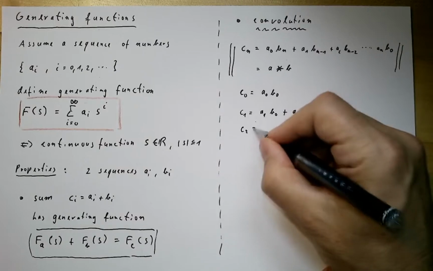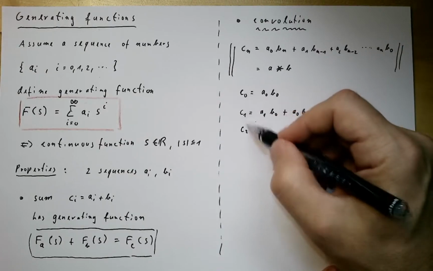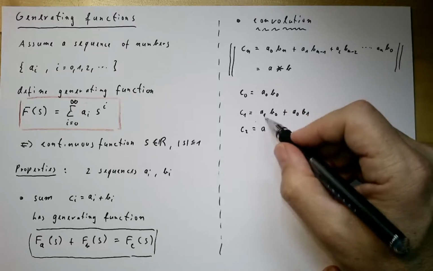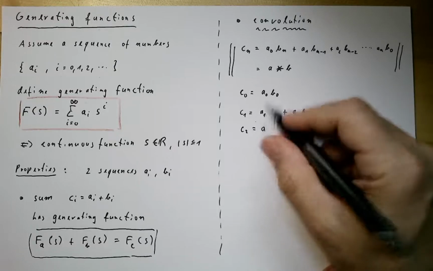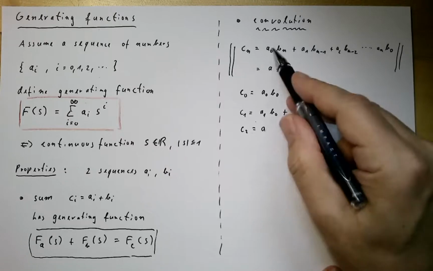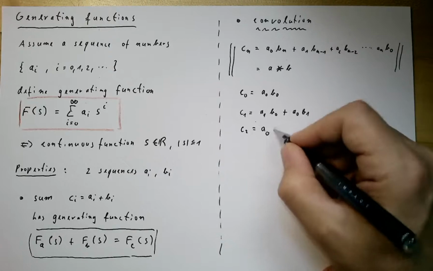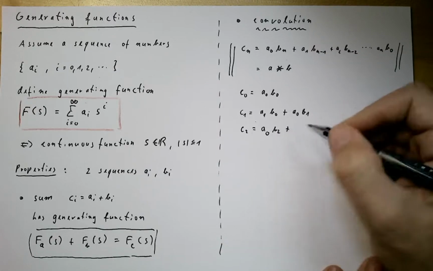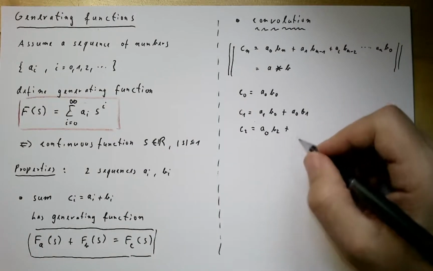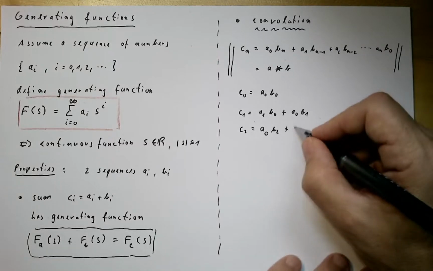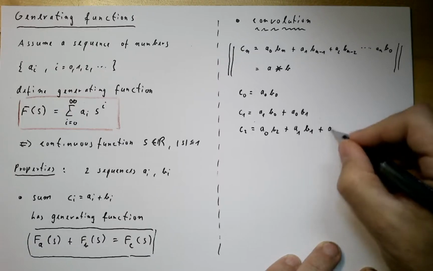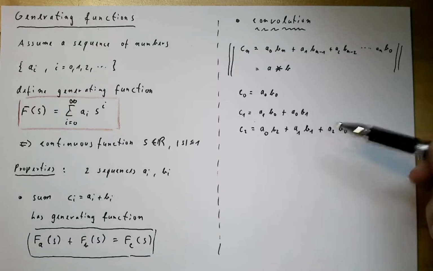Then you get the second element of the sequence: a_0 b_2 plus a_1 b_1 plus a_2 b_0, and so on in this way.